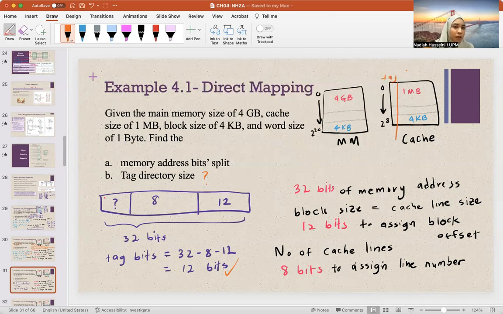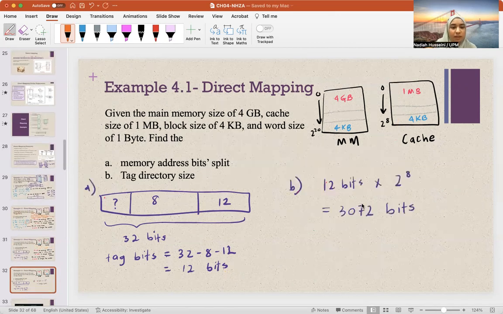I want to know how many bits are used as tags. Since we know that the tag is 12 bits and 2 to the 8 is the number of cache lines, therefore the tag directory size will be 3072 bits. These are the bits that I use as my tag directory. It's like your address book.